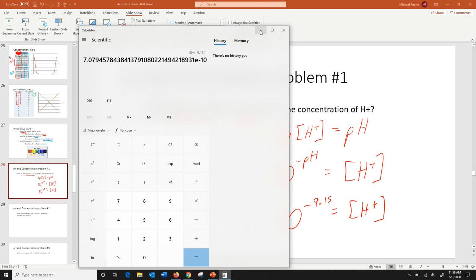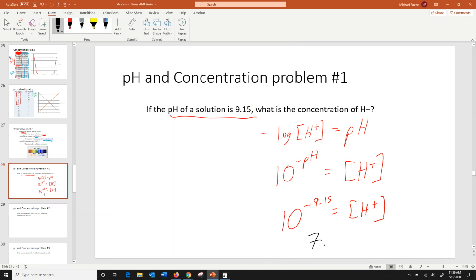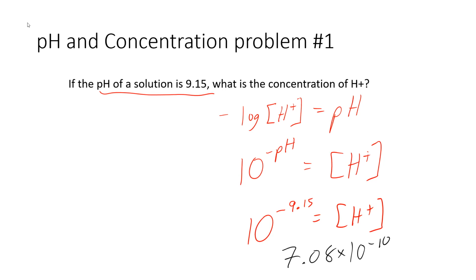Would you agree with that? So the answer is 7.08 times 10 to the minus 10. All right, that equals our concentration of H plus. So let's do the next problem.